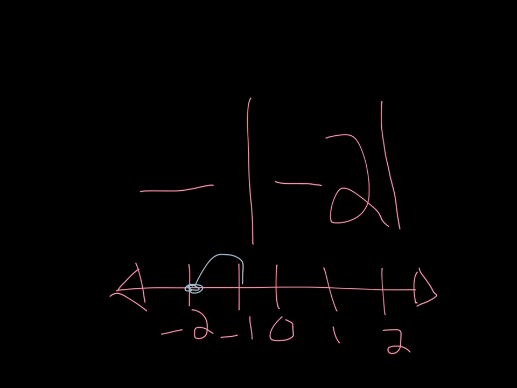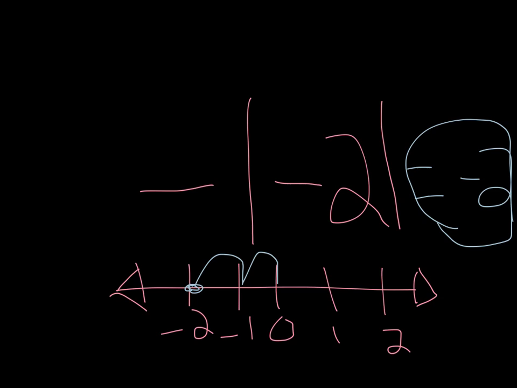It is 1, 2 spaces away from 0. Therefore, the absolute value of negative 2 is 2, but because they asked for the negative absolute value, you're going to make it negative, and the answer would be negative 2. All right, for those who can't see that well, I'm going to write it again up here. It equals negative 2. And that's basically it.